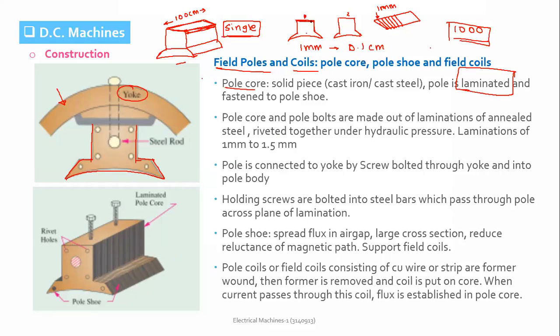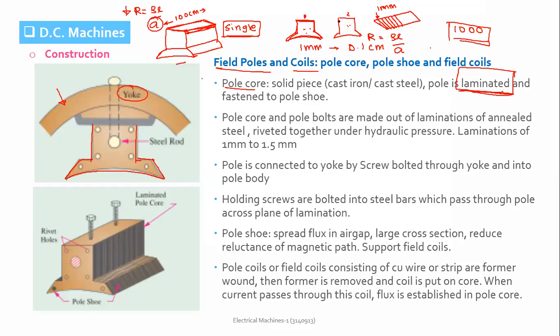And this piece itself is called the laminate, thin laminations. What is the advantage? What is the cross-sectional area of this, and what is the cross-sectional area of this? This is a large cross-sectional area, so the resistance of this piece will be very less.